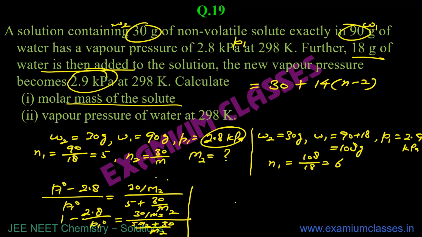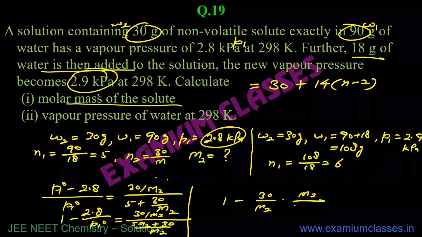Shasha? Yes, sir. Got it. Then you will say, okay, 1 minus 30 by M2 into M2 by 5 M2 plus 30, because it is in numerator, when it goes into denominator, reciprocal will be there, equals to 2.8 divided by P1 naught.